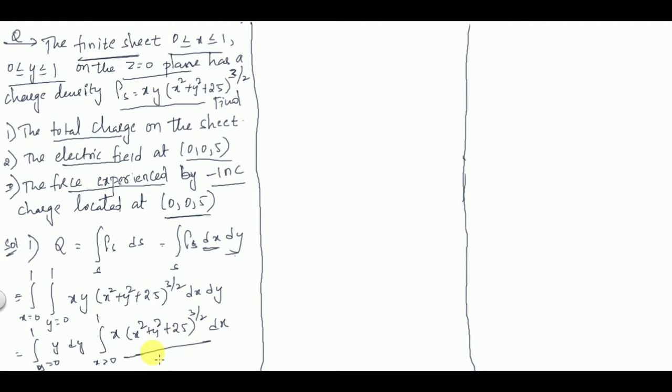Okay, in this second integration, let x square plus y square plus 25 equal t. Then 2x dx is equal to dt, so x dx is equal to dt by 2. The limits also change.